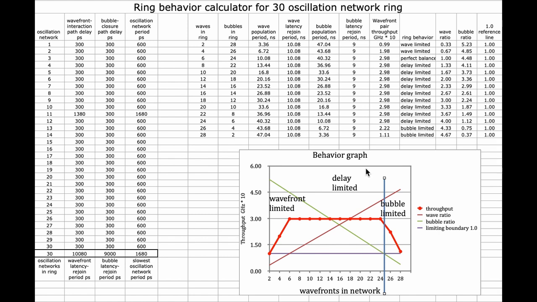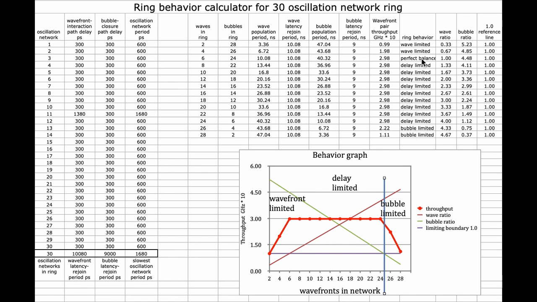Now, up here, there's two that are wavefront limited, and there's a perfect balance, and then there's all the delay limited populations across the delay plateau, and then the last 2 are bubble limited populations.